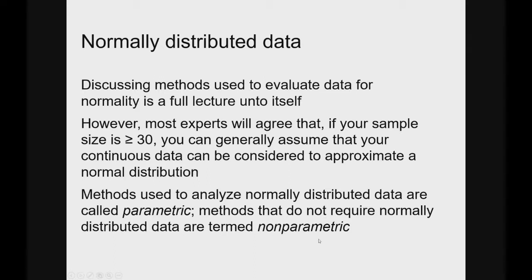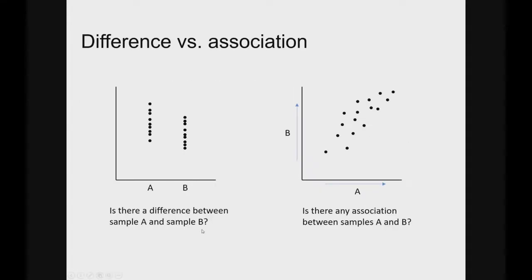And again, what is a normal distribution? Some of you are familiar with that, some of you are not. It's beyond the scope of today to talk about. I just want to introduce this because as you're looking at these things in a textbook or online, you're going to see this idea of, are your data normally distributed or not? So that is a decision point that you need to look at. But again, if you have large enough experiments with enough samples, you can generally assume that you're okay in this regard.